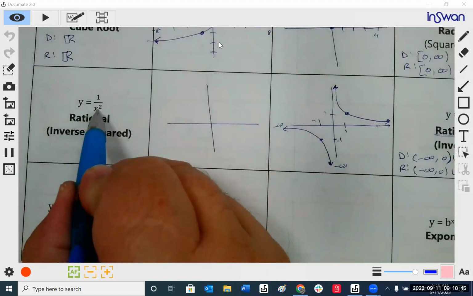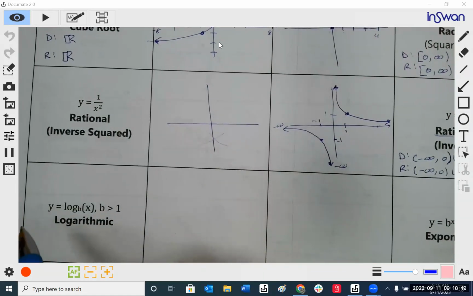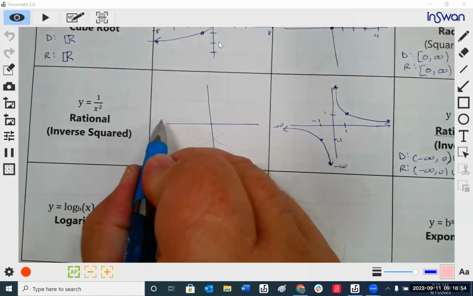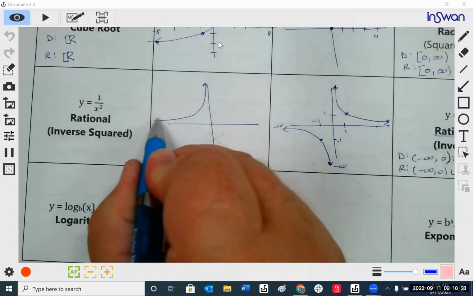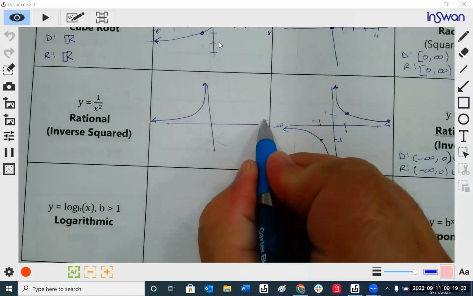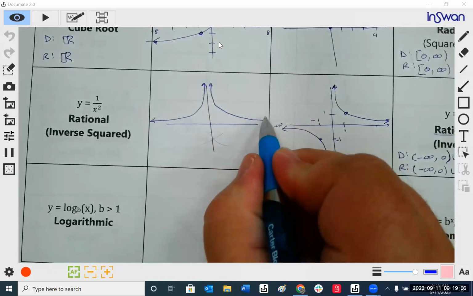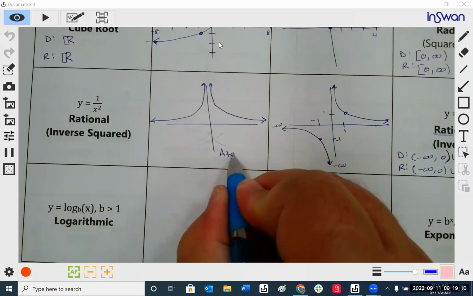So in other words, with this one, our answer can never be negative. We're never going to have a number down here. So when I use negative x's, I can use from negative infinity all the way up to zero, but I can't use zero. And then likewise for the positive, I go very, very close to zero, but I can't use zero. It's like the Atari symbol.